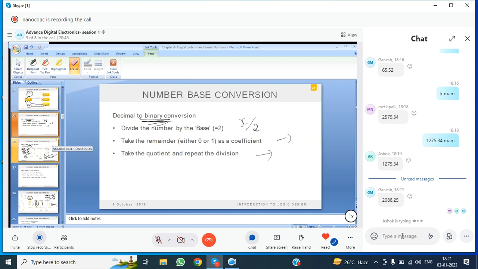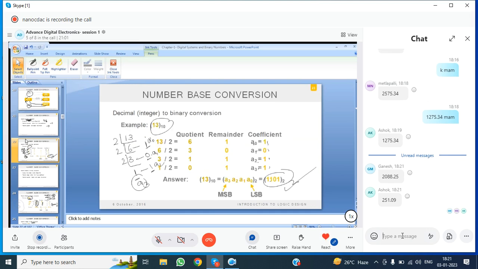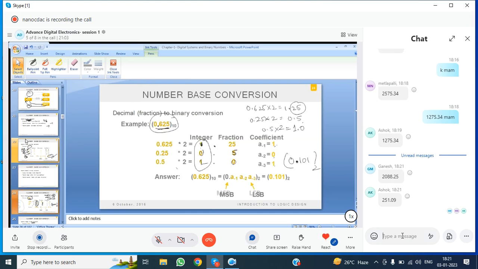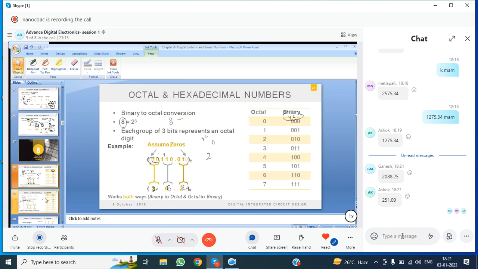What is the answer? 2088.25. So you need to check the 251 point. No. Or else, if you don't know, you can convert to binary, and from binary you can convert to base 10. Okay.